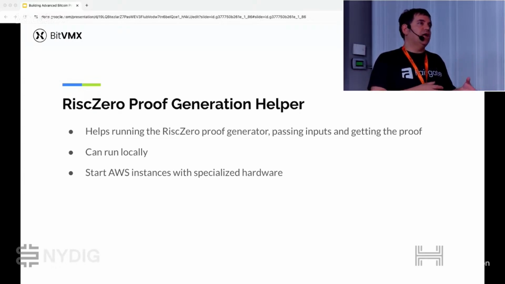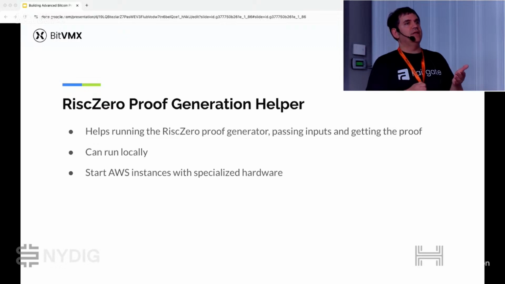So having specialized hardware on an Amazon instance is something you may require in these types of setups. The idea is that when there is a need to generate a proof, this tool will start the instance, generate the proof, and then turn it off again, because the price of having those kinds of instances running all the time doesn't make sense.